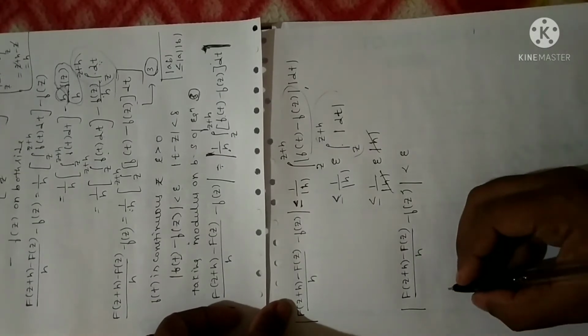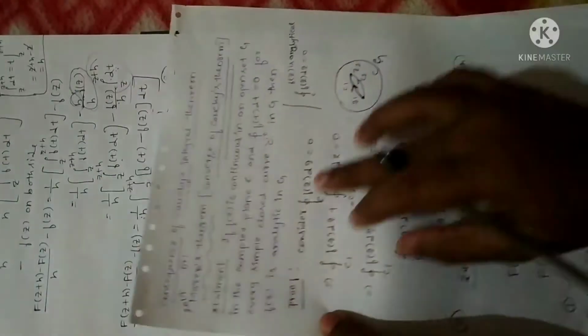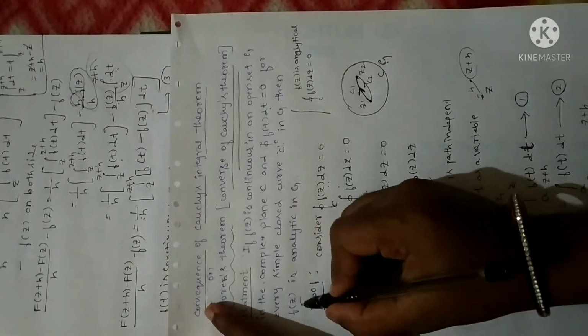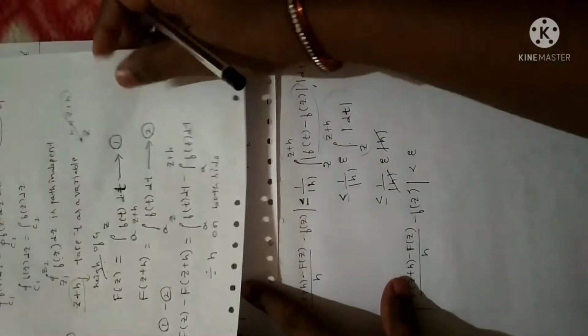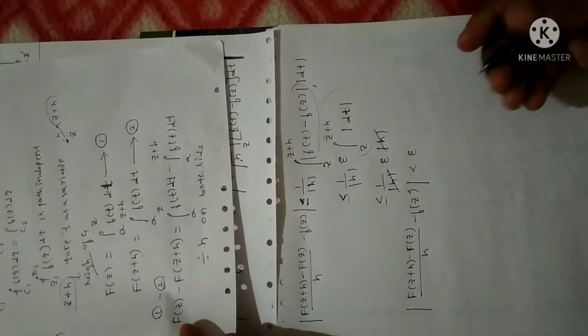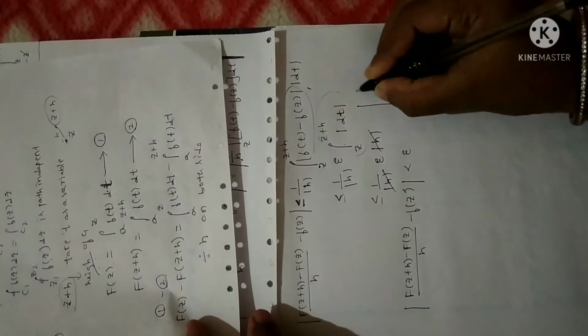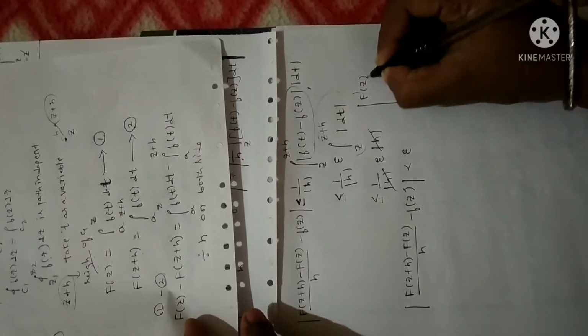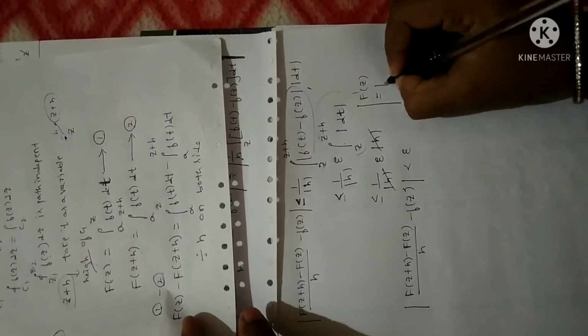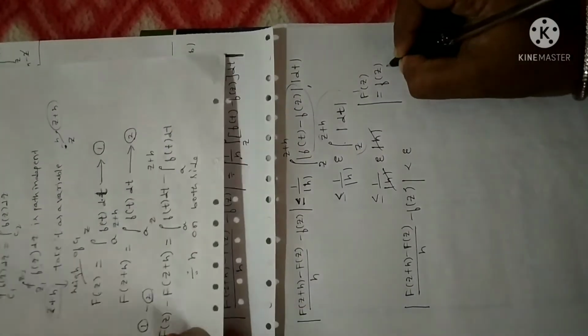Why I am doing all this is, first you have to know that what we have to prove is that f of z is analytic. So when do we say a function f of z is analytic? If it is differentiable at all points. So if it is differentiable at all points, it means that if you find f dash of z, that should be equal to the given function f of z.